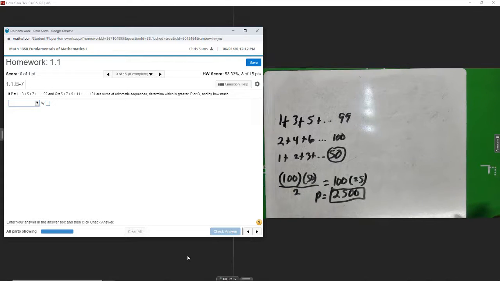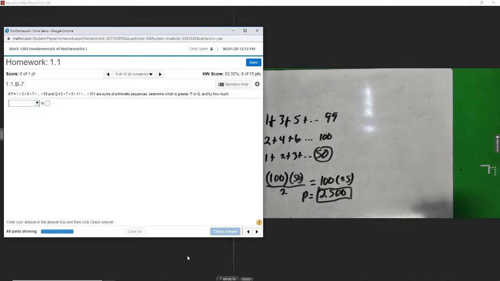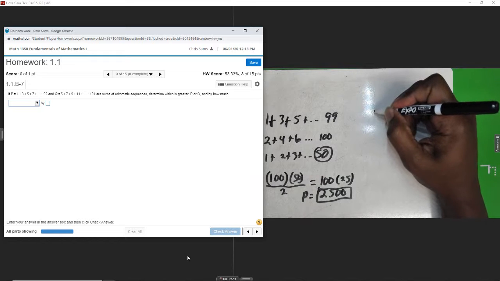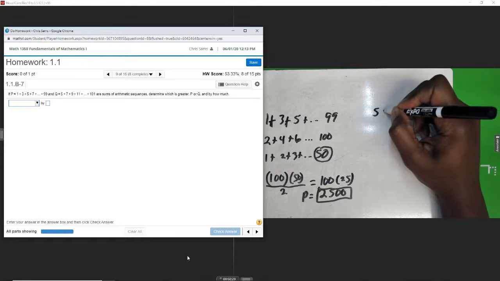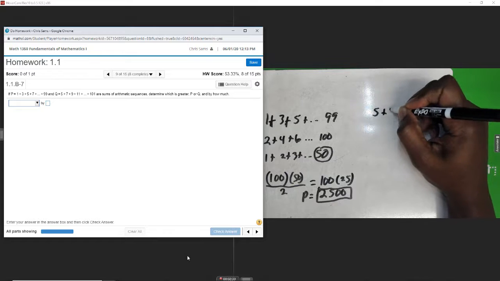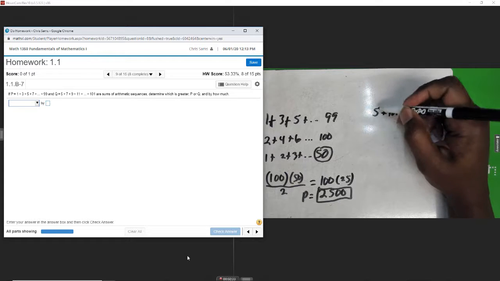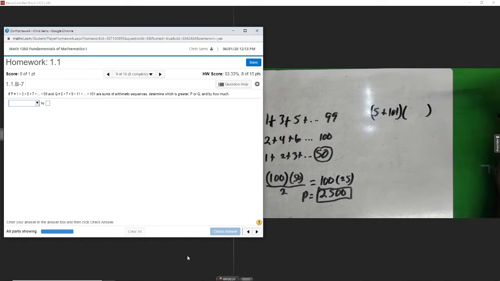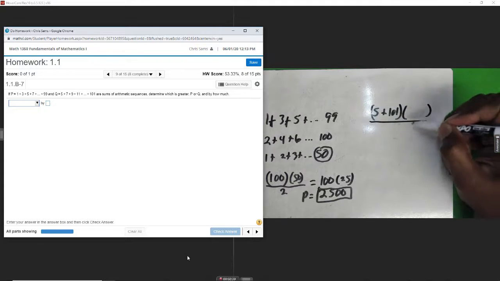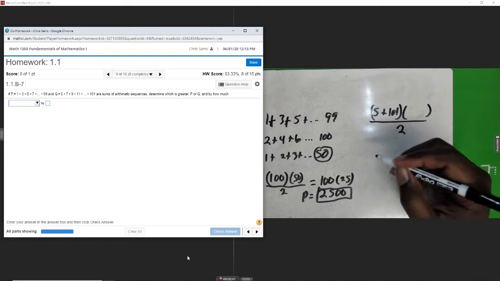Okay. And the other one, we are going to do the first term, which is 5, plus the last term, which is 101. Gives me 106 times the number of terms. So how do we figure out how many terms? I'm going to use that formula.